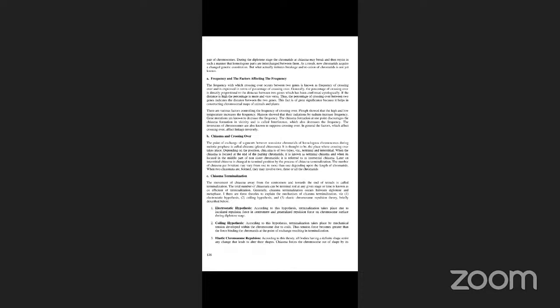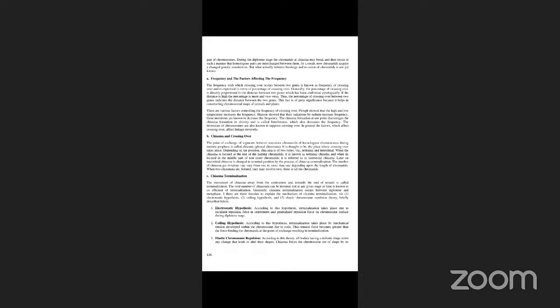That is called interference, which decreases the frequency. And the inversions of chromosomes are also known to suppress crossing over. All these factors affect crossing over. They also affect the linkage. That means if the crossing over is decreased, then the chance of linkage will be more. Inversely proportional. Okay, the relation is inverse.